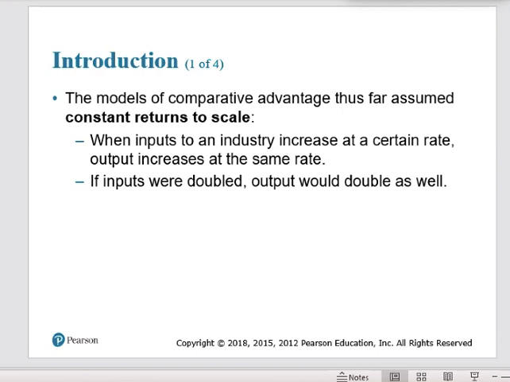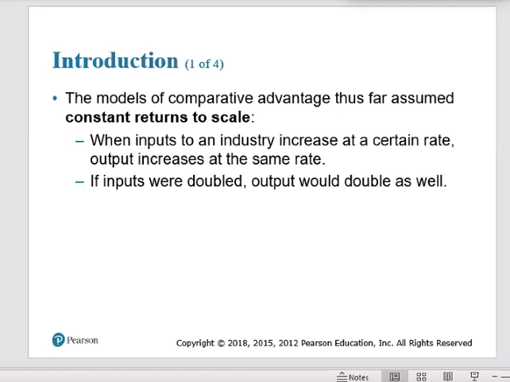So for example, constant returns to scale may be true for some industries, but it may not be true for other industries. For example, if you have agricultural land and you want to increase the output, I can imagine the more farmers you put into the field, the output will probably be scalable, right?